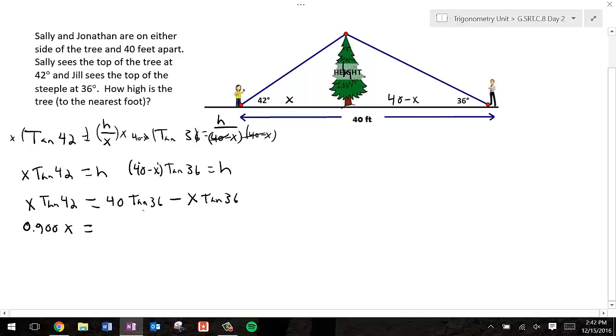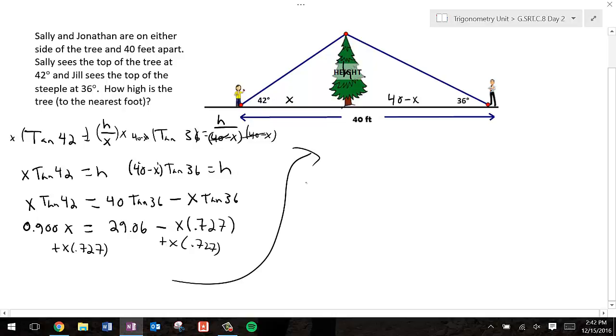Tangent of 36 is going to be 0.727. So when I multiply the 0.727 times 40, I end up with 29.06. And then I'm going to have x times that 0.727 here.